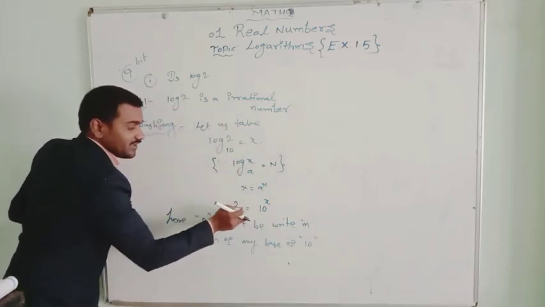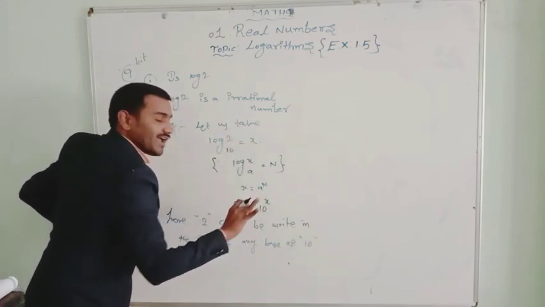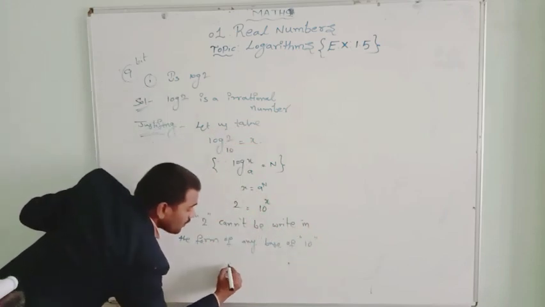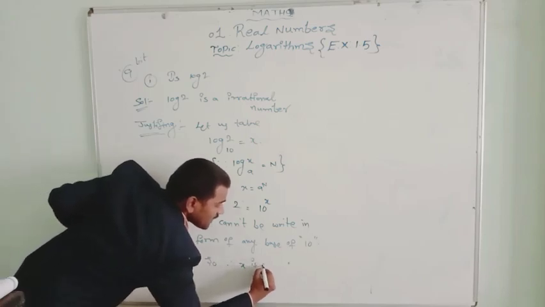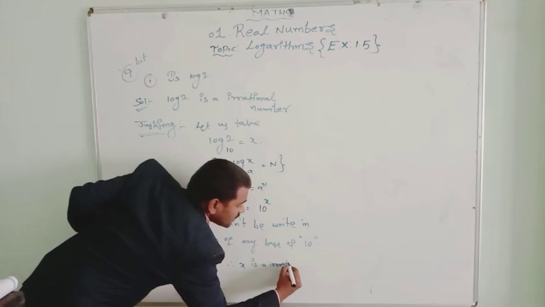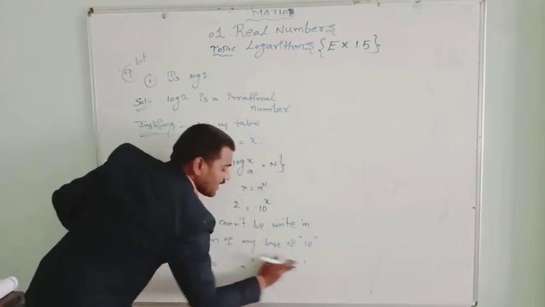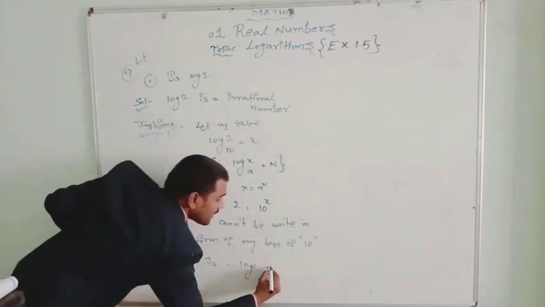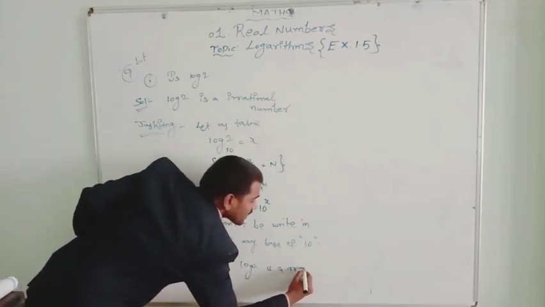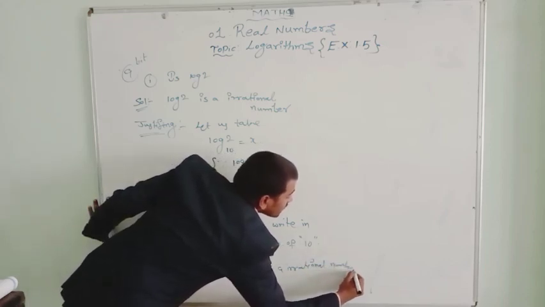Here base 10 is there, and this 2 cannot be expressed as a base 10. So here x value is irrational. Therefore x is an irrational number; the x value cannot be found out. So therefore log 2 is an irrational number.